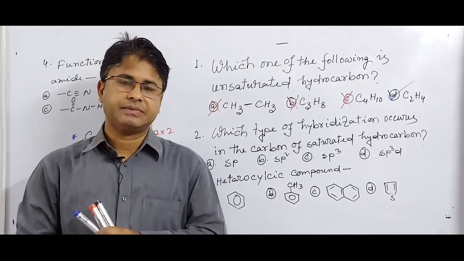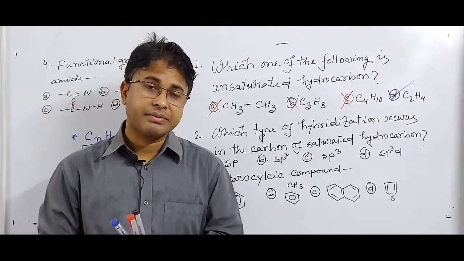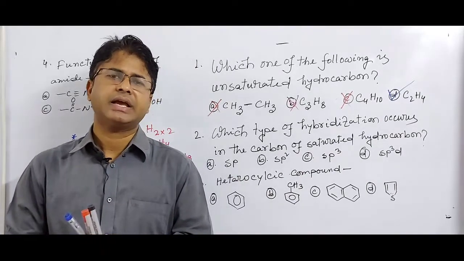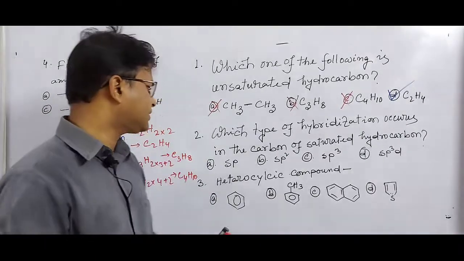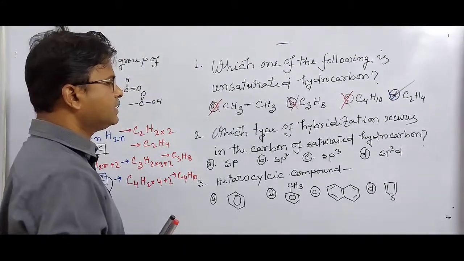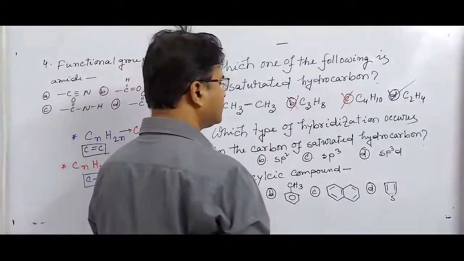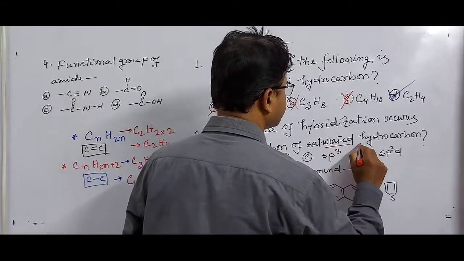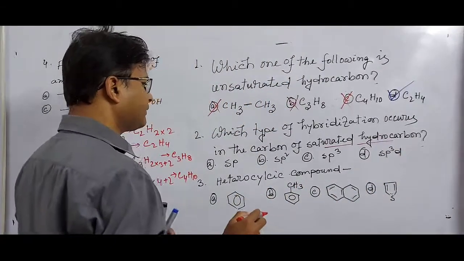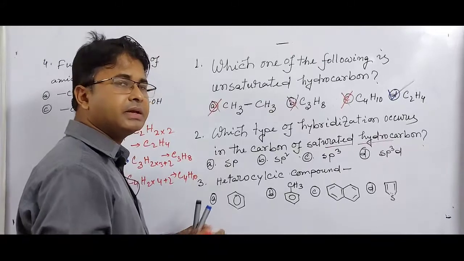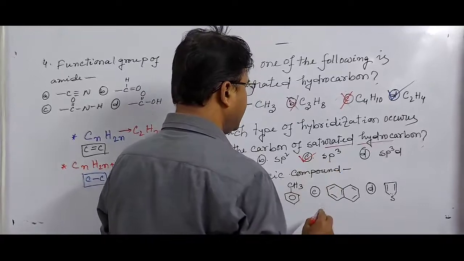In a carbon-carbon double bond, sp2 hybridization takes part, and in a carbon-carbon triple bond, sp hybridization takes part. So dear students, saturated hydrocarbon means, as I have already told you, all the hydrocarbons containing carbon-carbon single bonds are saturated hydrocarbon, and carbon-carbon single bonded compounds take part in sp3 hybridization.